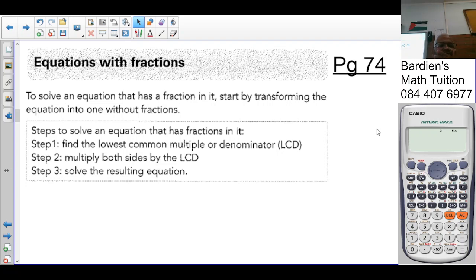Right, equations with fractions. I want you guys to write the following steps down. To solve an equation that has a fraction in it, start by transforming the equation into one without fractions. Steps to solve equations that have fractions in them. These are your steps, okay?